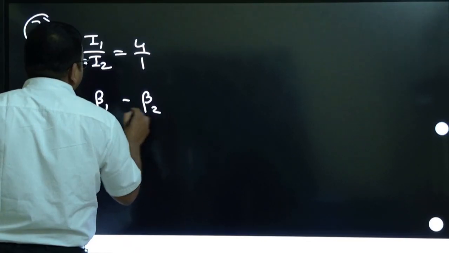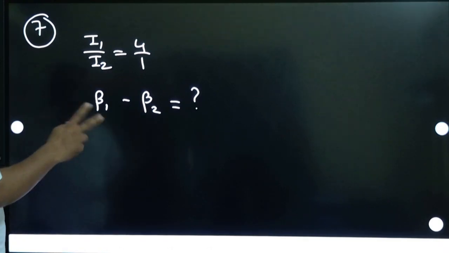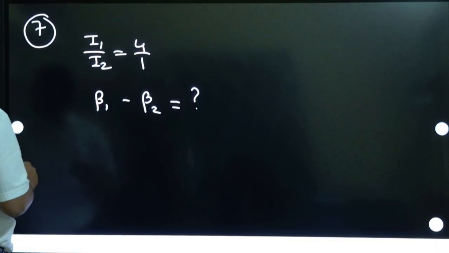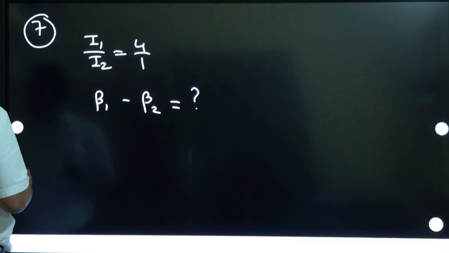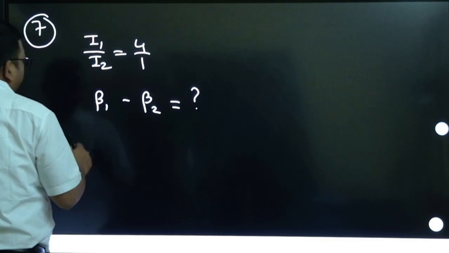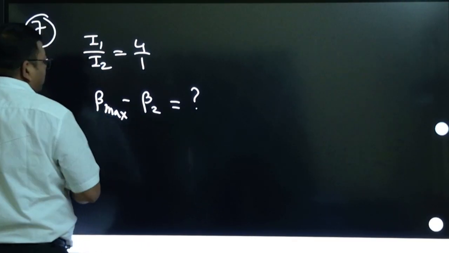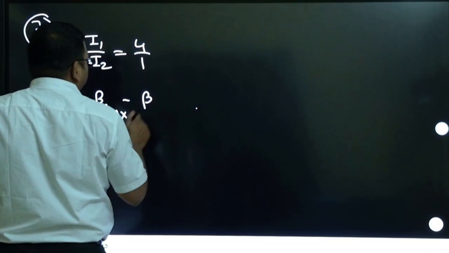So this difference they are asking to calculate. Okay, they are asking to calculate the loudness in decibel. So this is related with maximum and this is related with minimum.